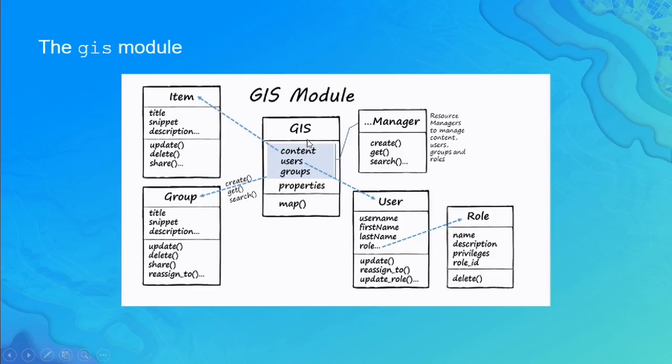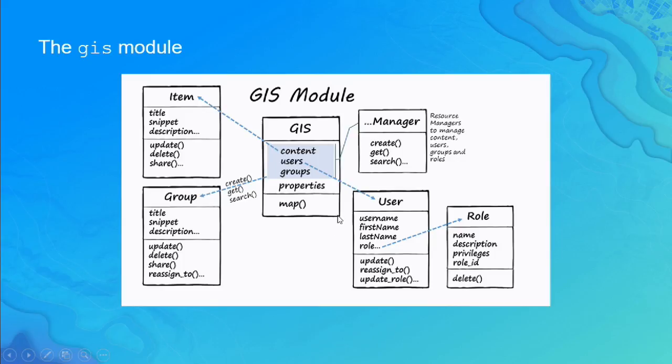We've got a very simple model in which this class has a handful of helper properties, like content, users, and groups. These properties let you get to the content, that is, create, get, or search items, groups, or users.